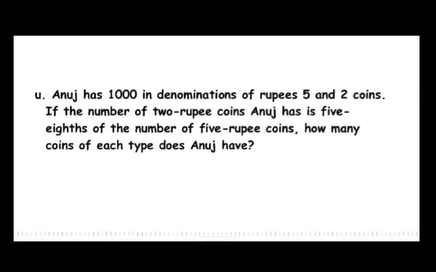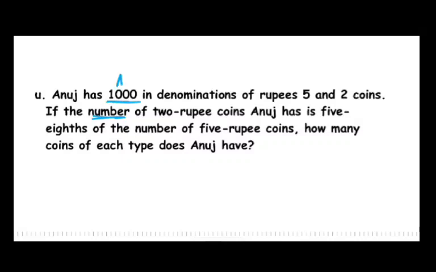Anuj has 1,000 in denominations of rupees 5 and 2 coins. If the number of 2 rupee coins, not the amount but the number, Anuj has is 5/8 of the number of 5 rupee coins, how many coins of each type does Anuj have?